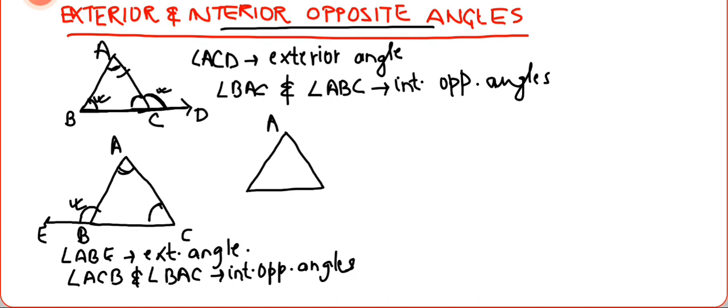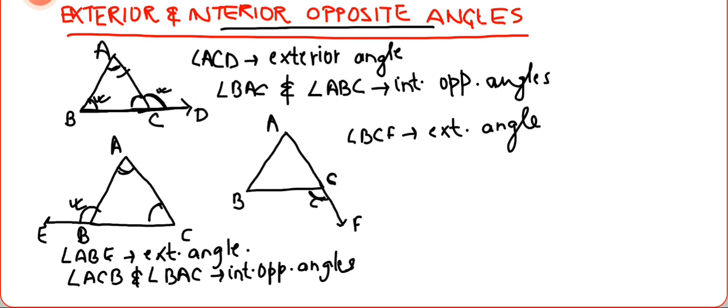Okay, similarly, let's see the other side. Let us consider we have the same triangle ABC, and let's produce AC up to F. Here this angle BCF is the exterior angle.